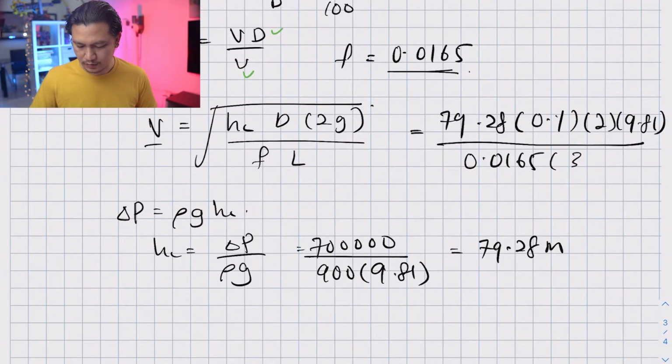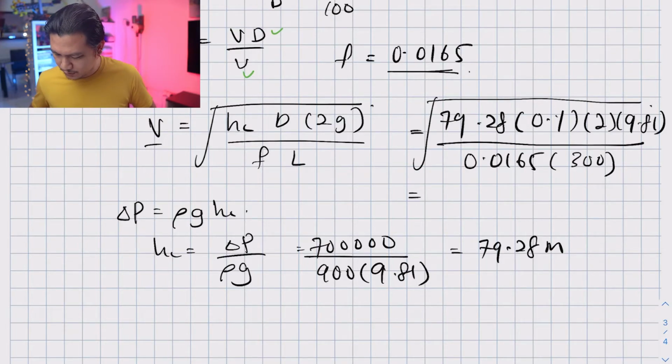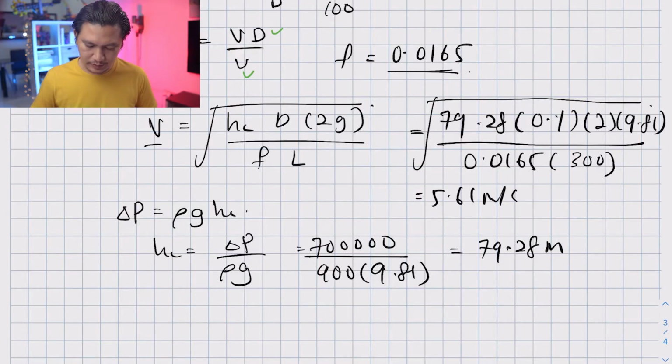So this is 300, and square root everything. I'll end up with V of 79.28 times 0.1 times 2 times 9.81 divided by 0.0165 divided by 300, square root of that. We have here a velocity of 5.61 meter per second. Okay, and that is our velocity. This is our assumed velocity.